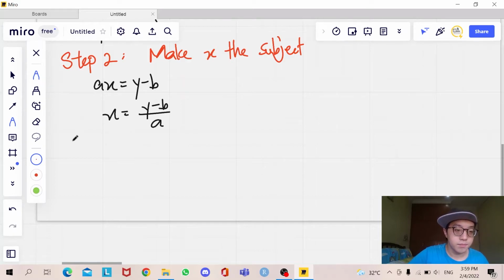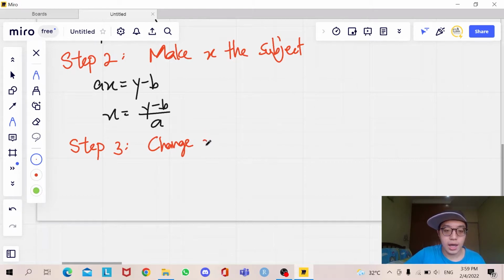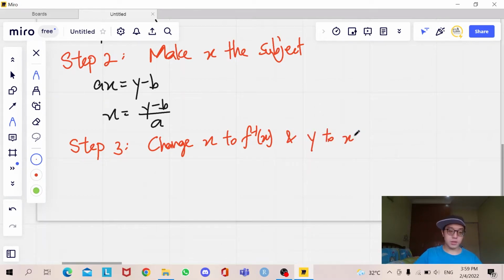Then your last step, step 3: you would just strictly change x to inverse f(x) and y to x. There is actually a theory behind this, but you don't need to know so much.